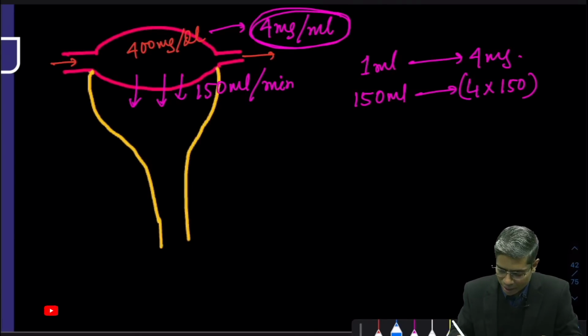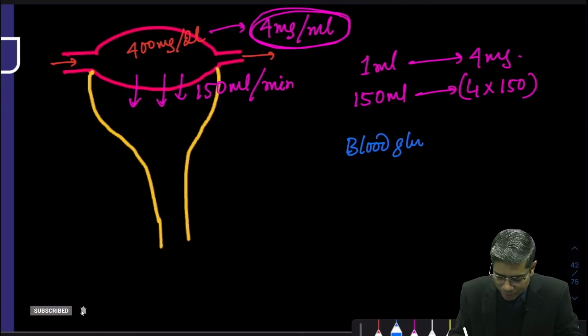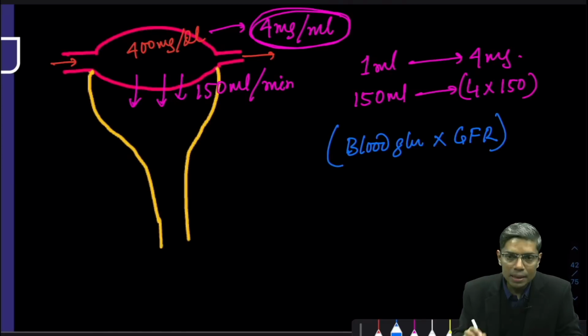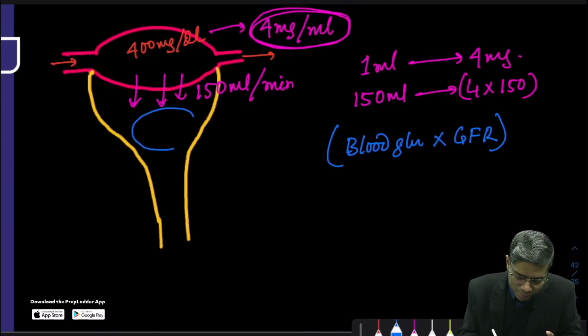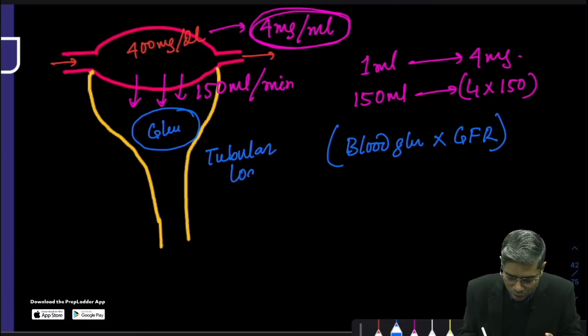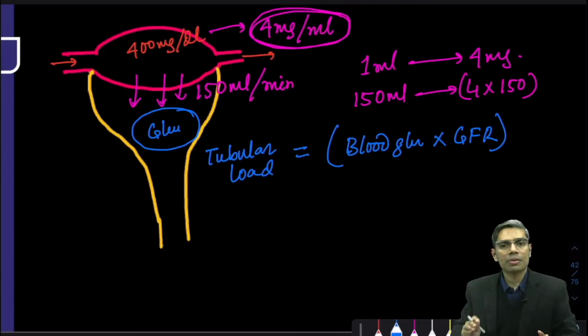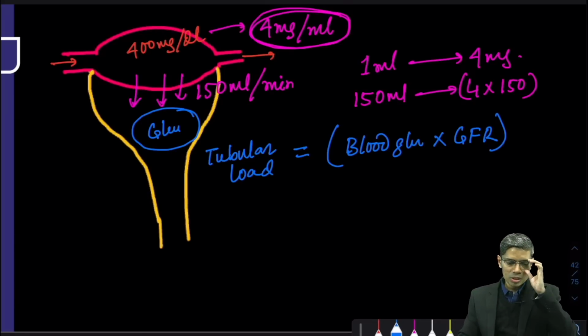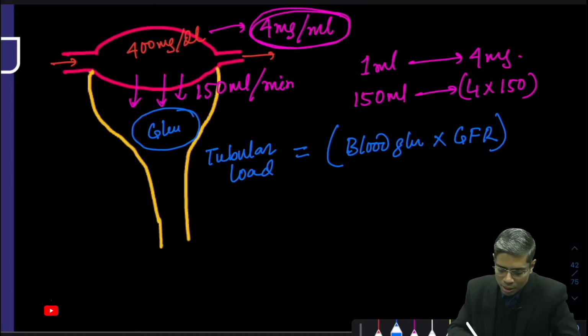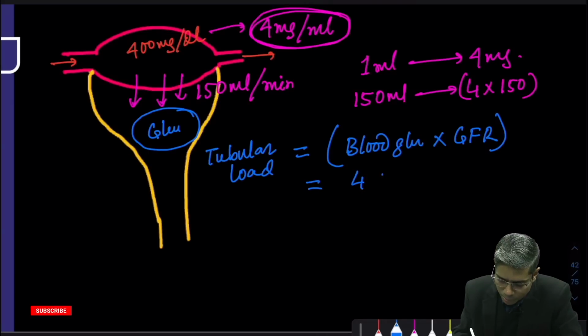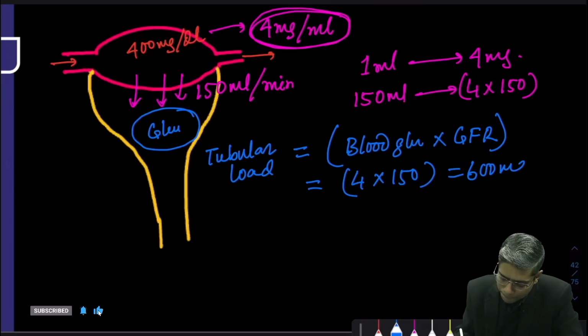Means if I multiply the blood glucose by GFR, then you are going to get an amount, that is how much glucose is going to be filtered here. This is known as the tubular load or filter load of glucose. Filter load or tubular load of glucose. Very good, very good. Okay, so filter load of glucose here is 4 into 150, that is 600 milligram.